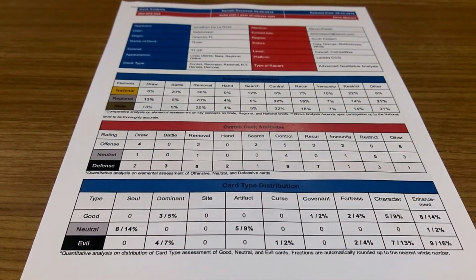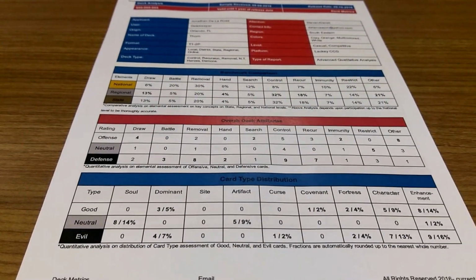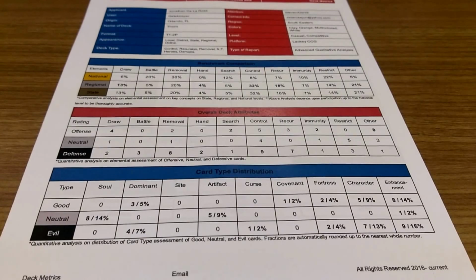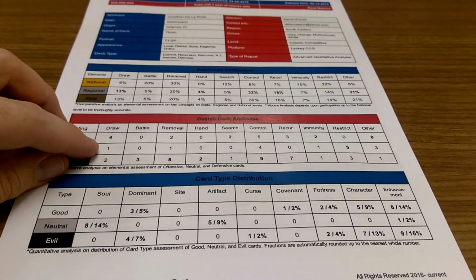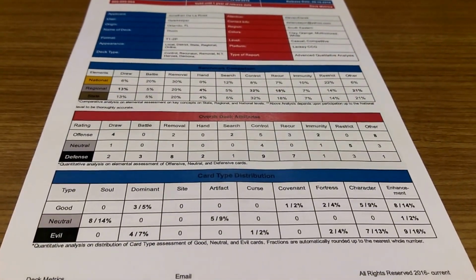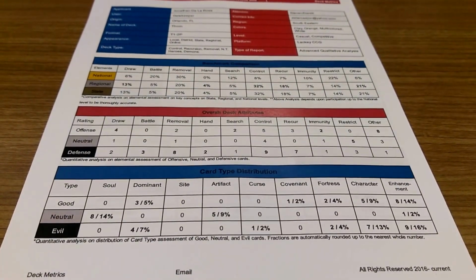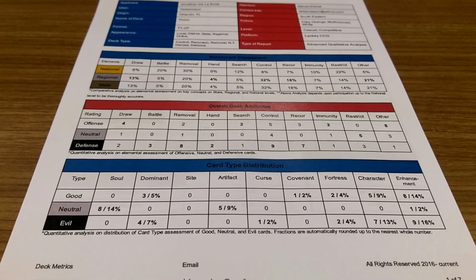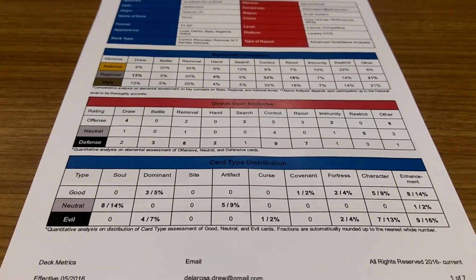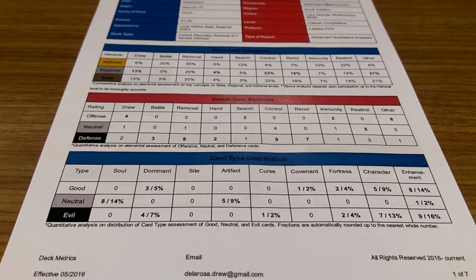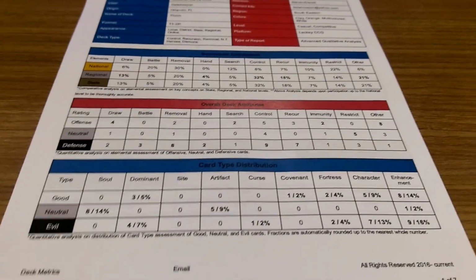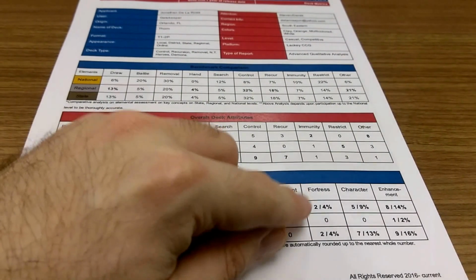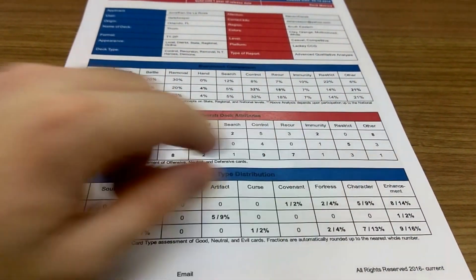Then the next area we have is overall deck attributes, which is similar to that but broken down by offense, defense, neutral cards, as well as number values for certain elements of the deck, such as draw effects, removal effects, control, recursion, protection, things of the nature. And then we also have a card type distribution, like the actual number value and percentage of card types throughout the deck, right?